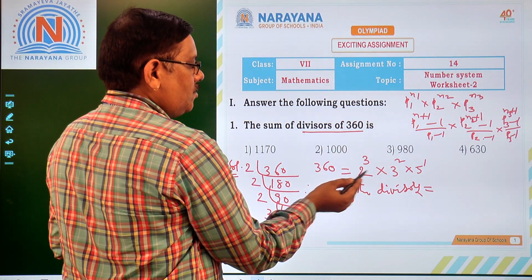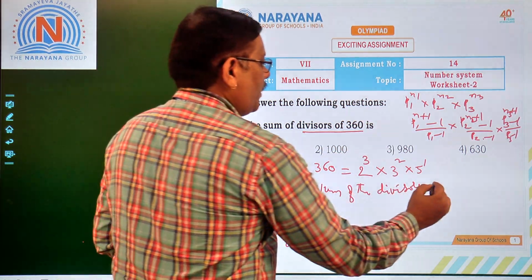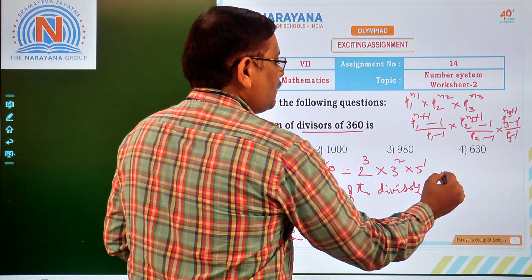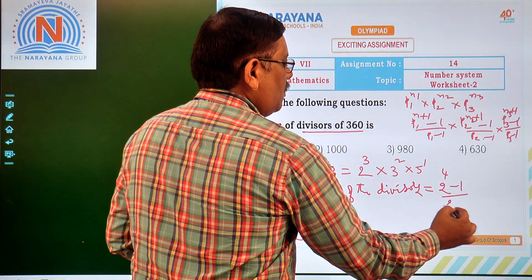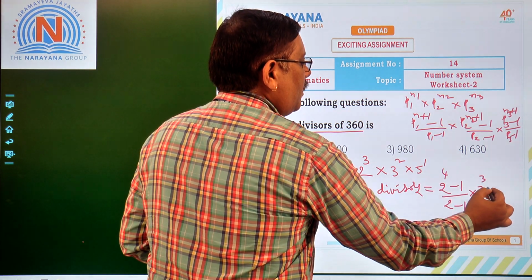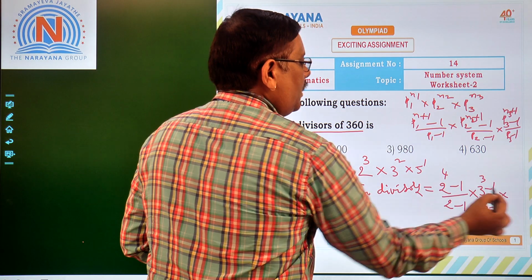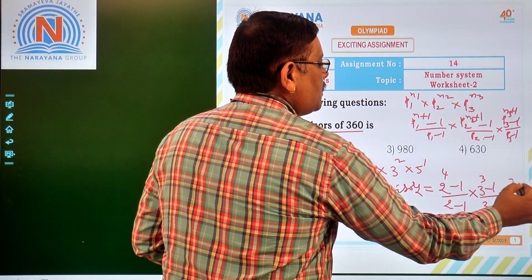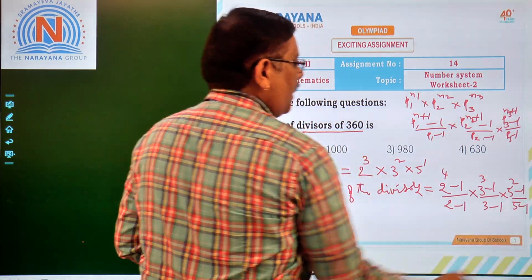So here P1 is 2, P2 is 3, P3 is 5. So I can write it as 2 to the power of 3 plus 1, that is 4, minus 1 by 2 minus 1, into 3 cube minus 1 by 3 minus 1, into 5 square minus 1 by 5 minus 1.